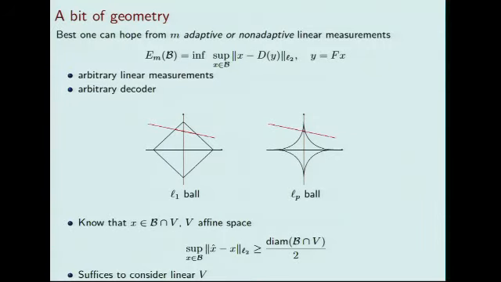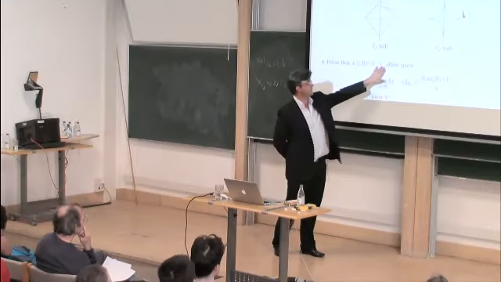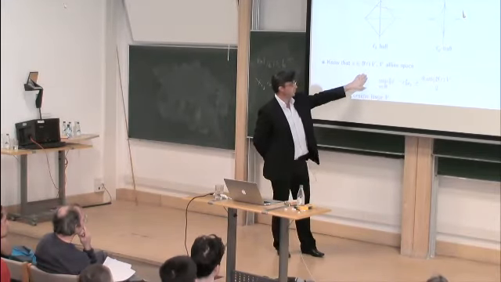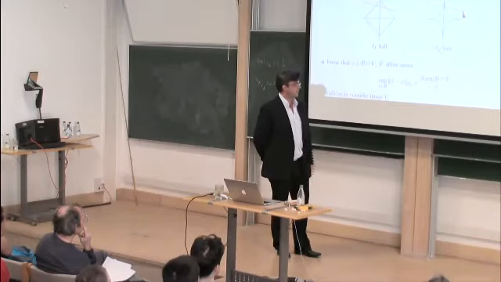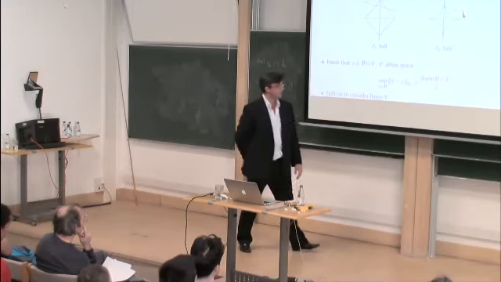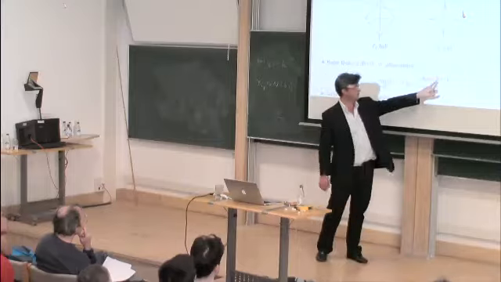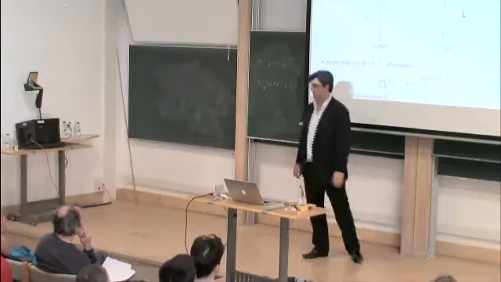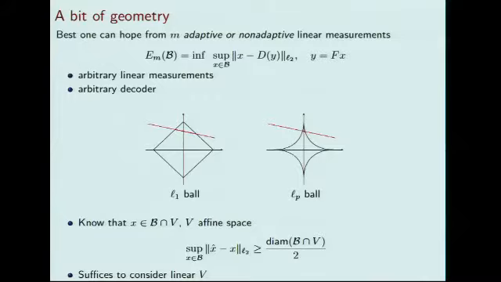Okay, so at the end of the measurement process, you know that x is on an affine space, and you know that x is in your ball. Of course, you're not going to be able to make an error which is smaller than the diameter of the intersection of the ball and the affine space divided by 2. Because the best thing you could do is take the center of this affine space, and the error you're going to make is the radius of this affine space, so the diameter over 2.